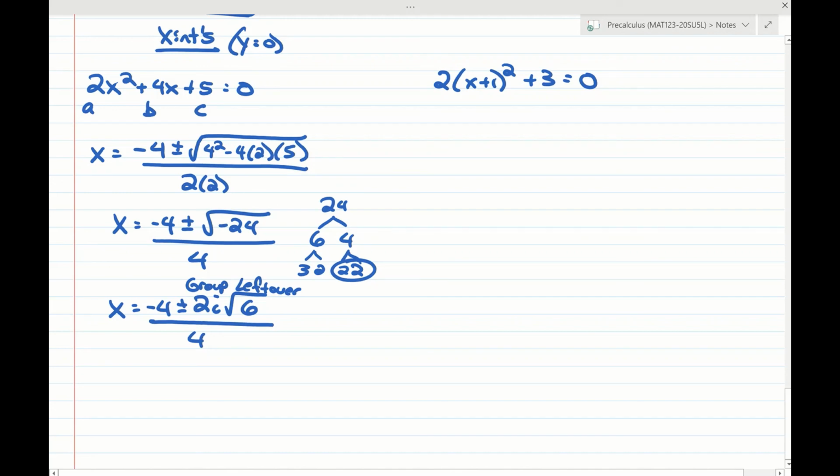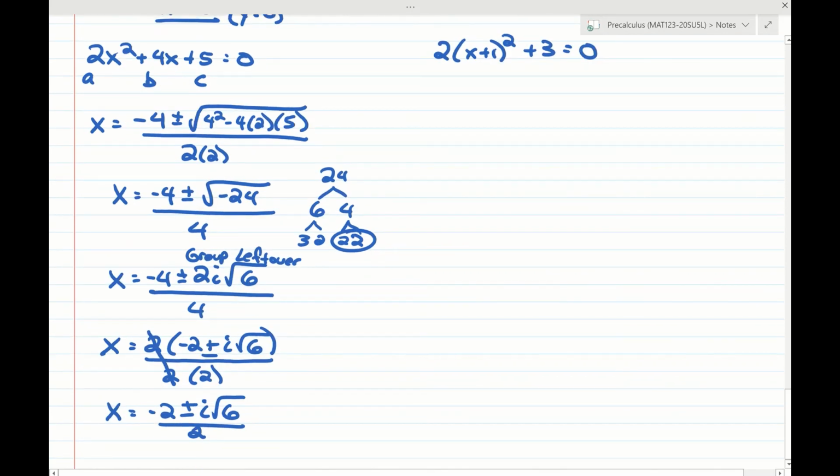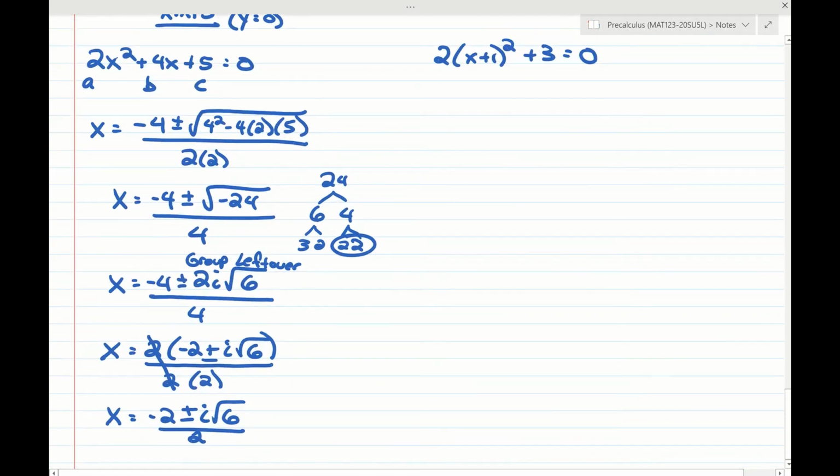And then we can still simplify this. Let's take out a factor of 2 from the whole top, and we'll take out a 2 from the bottom. We'll get x is equal to -2 plus or minus i root 6 over 2. That's our x-intercept.